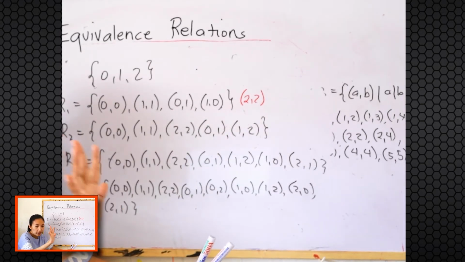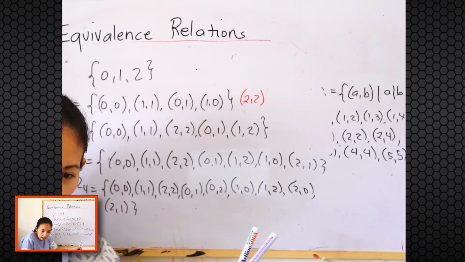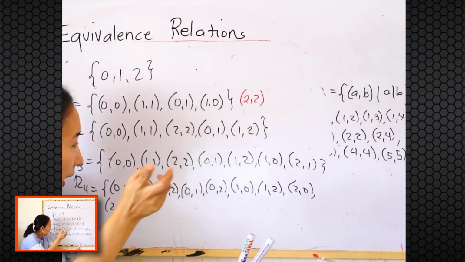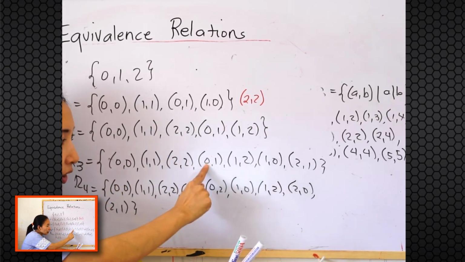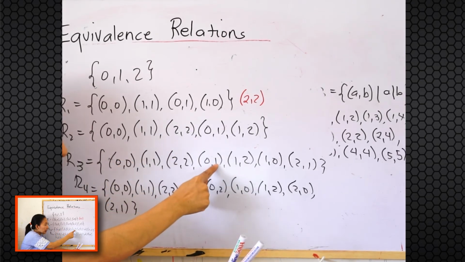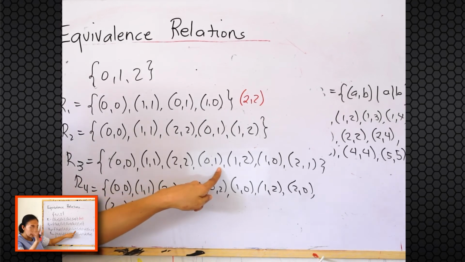We proceed to the next property. So it did satisfy reflexivity and symmetry. However, look at this. If 0 is related to 0 and 0 is related to 1, therefore 0 must be related to 1, and we have that.